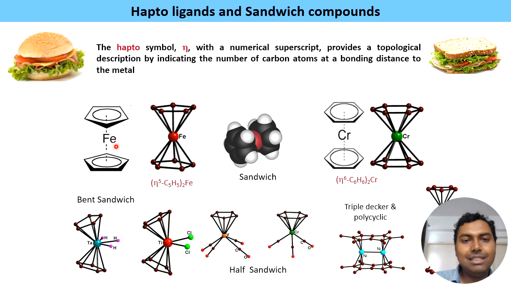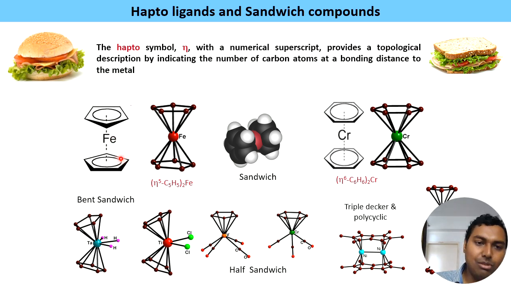From the 18 electron rule, we can calculate the valence electrons. The Cp minus, the cyclopentadienyl anion, donates 6 electrons. So from the 2 Cp minus we get 12 electrons, and Fe(II) is a d6 system. So 12 plus 6, this ferrocene is an 18 valence electron complex.